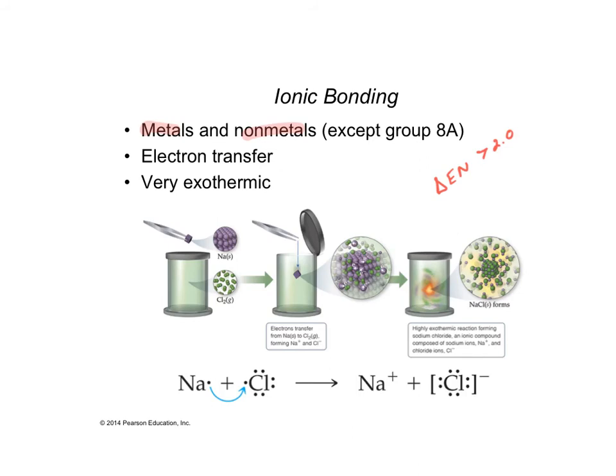A couple things about ionic bonding: a lot of things actually go into forming the ionic compound. For example, if we're going to form something like sodium chloride, we know that sodium has a +1 charge and chlorine has a -1 charge. To form this compound, sodium first has to lose an electron. We have talked about trends with respect to things losing electrons in Chapter 7.